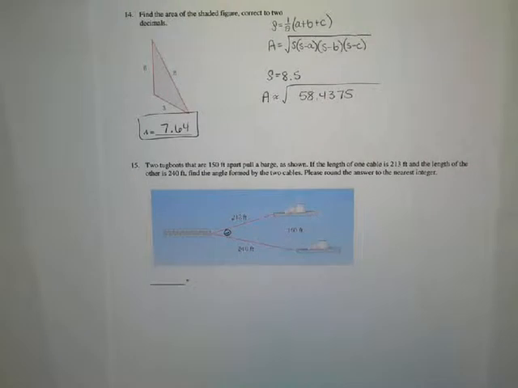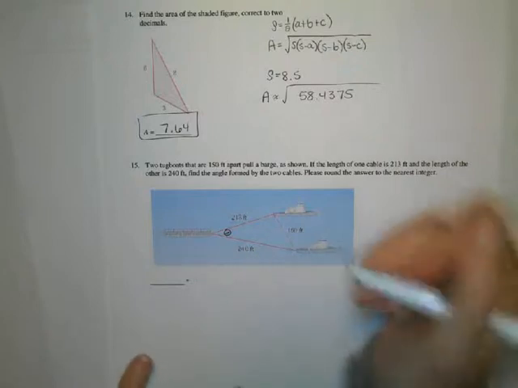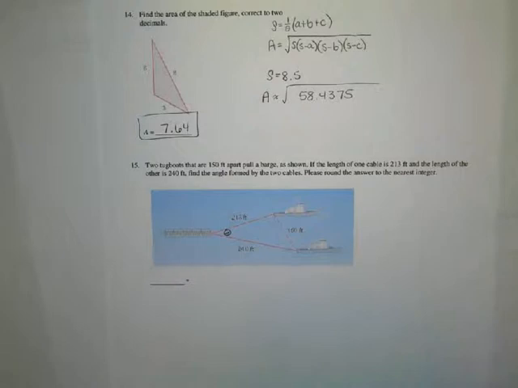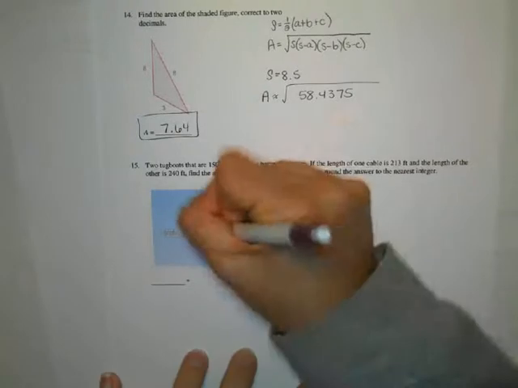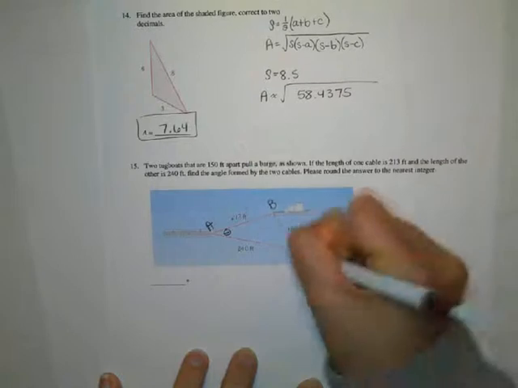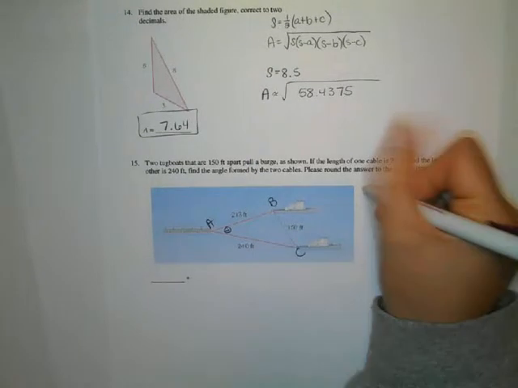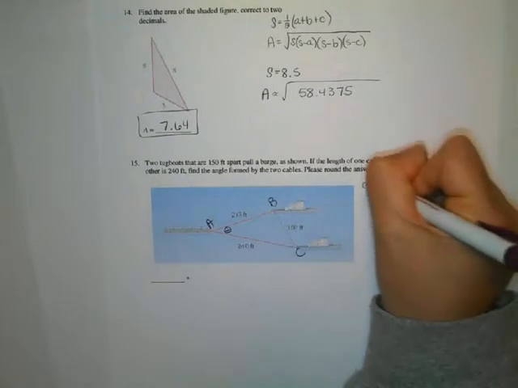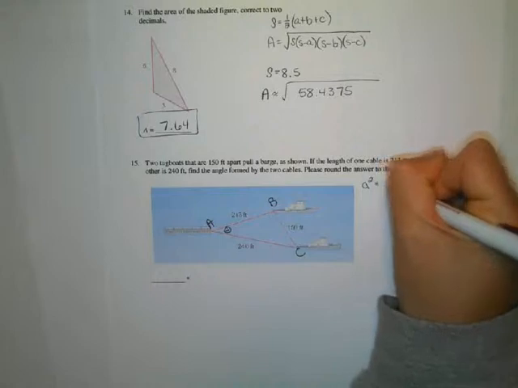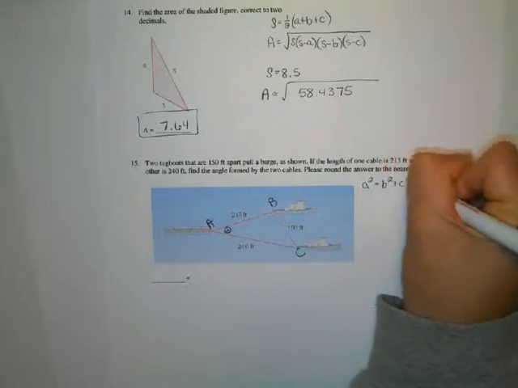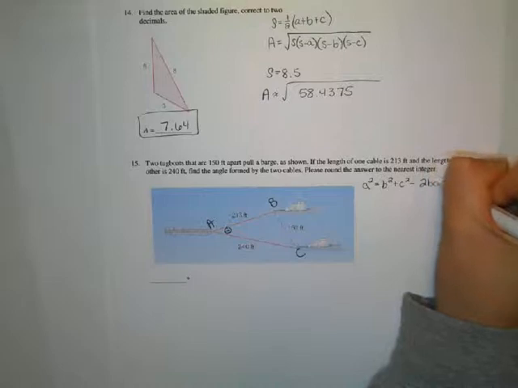So anytime you're finding an angle, you should use law of cosine. So in this case, I'm going to label my triangle A, B, and C. And if I want that angle, I would use little a squared is equal to b squared plus c squared minus 2bc times the cosine of big A.